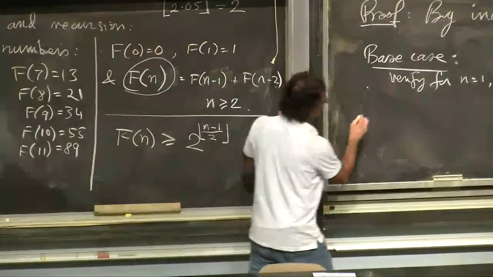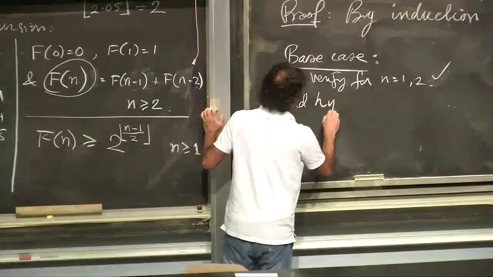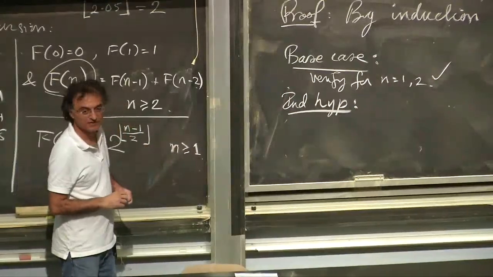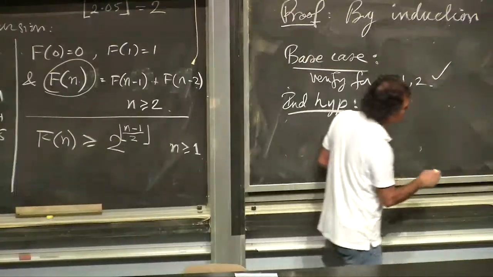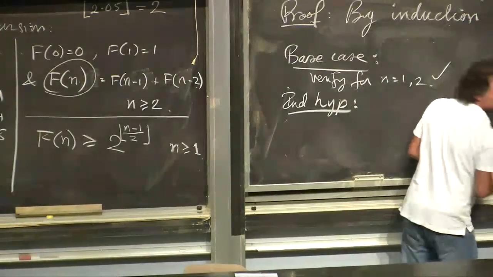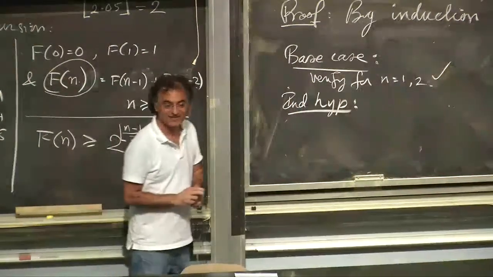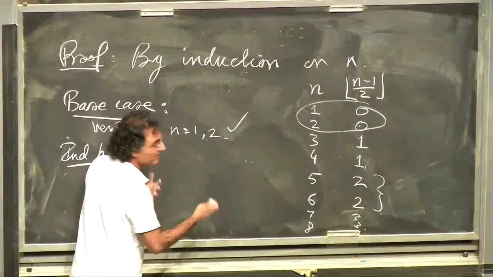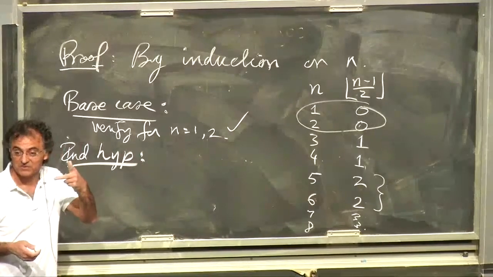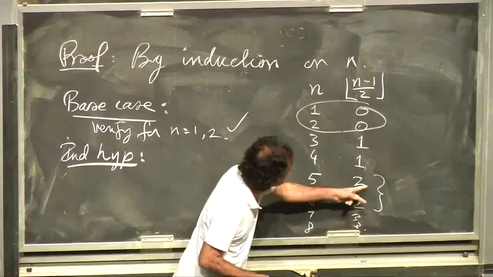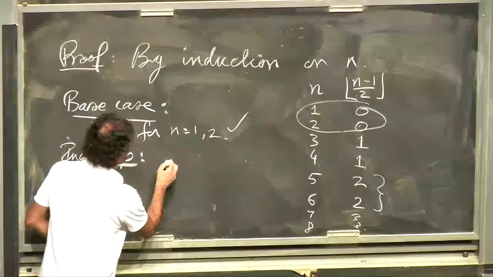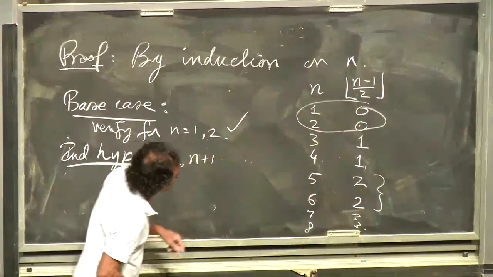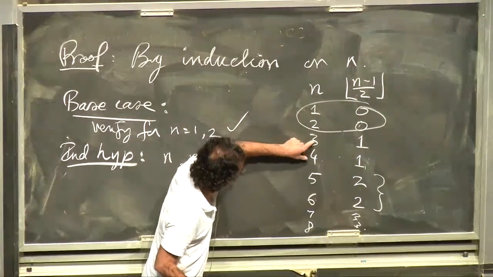And now, what about the induction hypothesis? Let's say that we know that it works for two of these, for the previous 2, for 2 successive ones. So these are always odd and even.